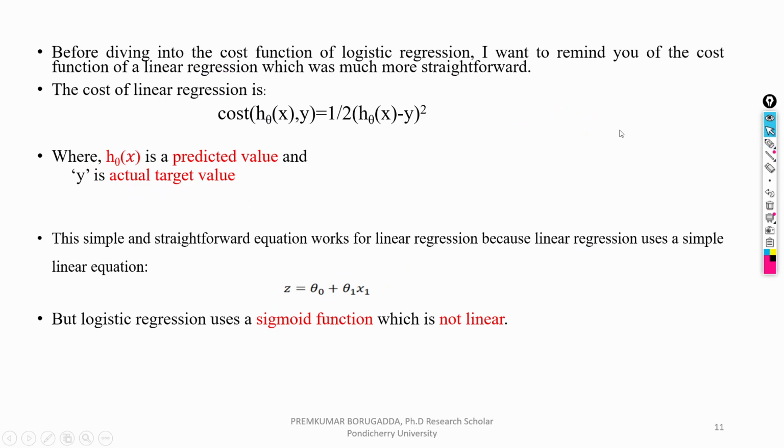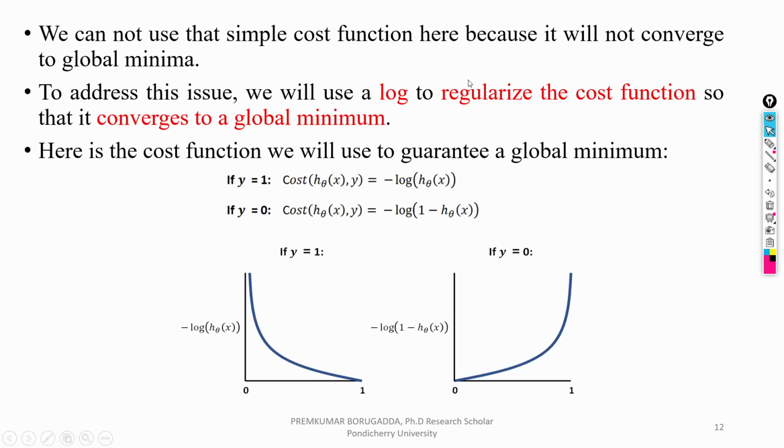So we cannot use the simple cost function here because it will not converge to the global minima. To address this issue, we will use the log function to regularize the cost function so that it converges to the global minima. So here the cost function will guarantee a global minima.